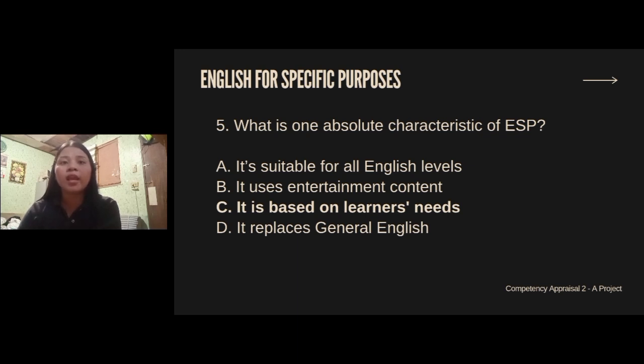The letter A is not correct because ESP usually targets intermediate or advanced learners and not all English levels. Letter B is not true also because ESP is more focused on professionals and not entertainment content. And the letter D is misleading and it is not correct.